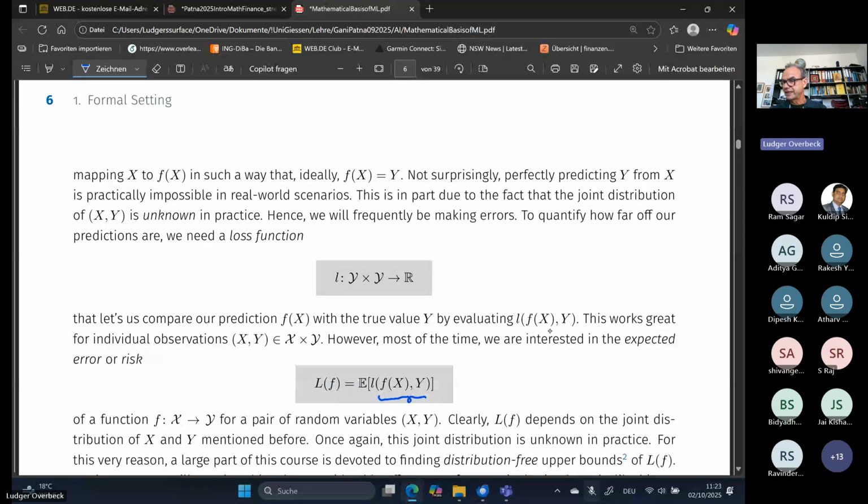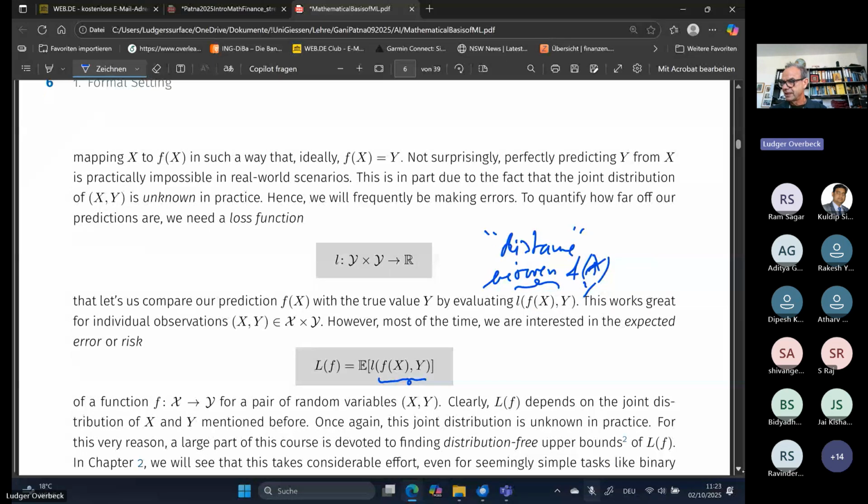L of f of x, this is the distance, if you like, of your prediction, of your classification or prediction, however you call it.